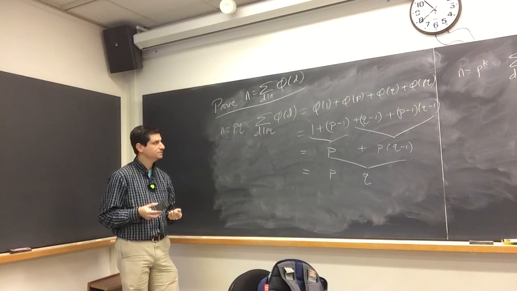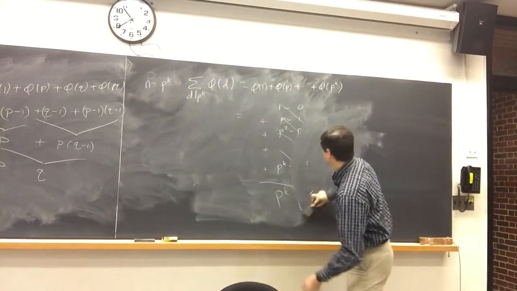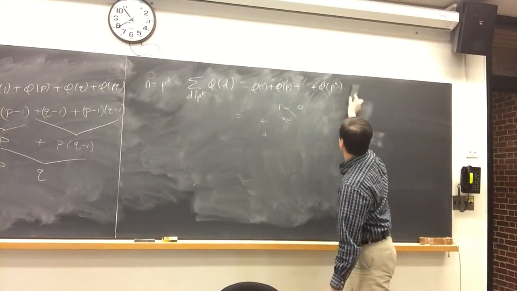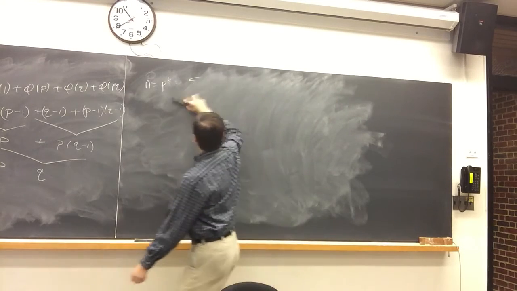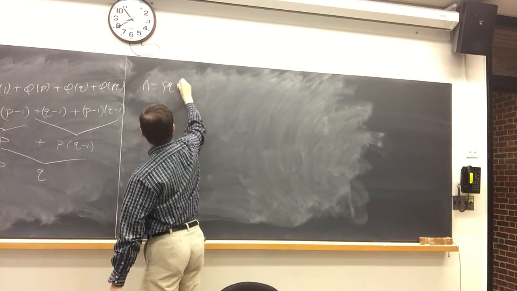We see PQR. We can try PQR. So let's say n is PQR.